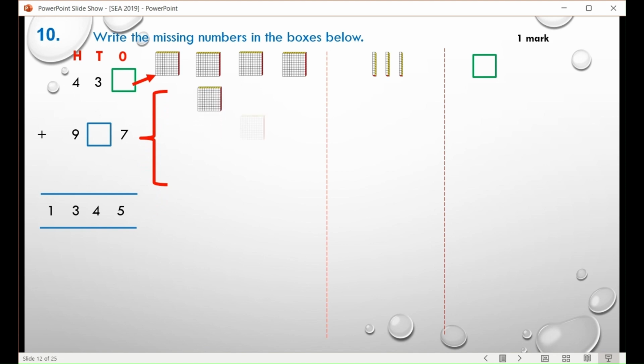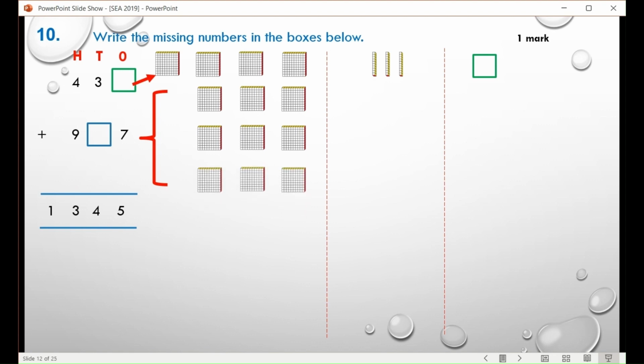We have 1, 2, 3 hundreds, and this number is supposed to represent 9 hundreds. So 3 more, 3 and 3, 6, and 3, 9. So we have 9 hundreds. How many tens? We don't know. And how many ones? Well, we have 5, and 1 more, 6, and 1, 7.